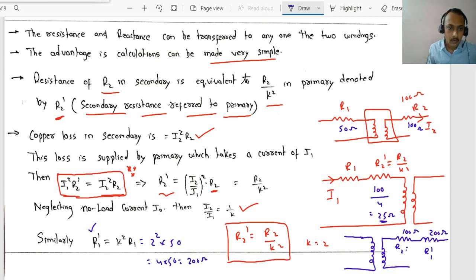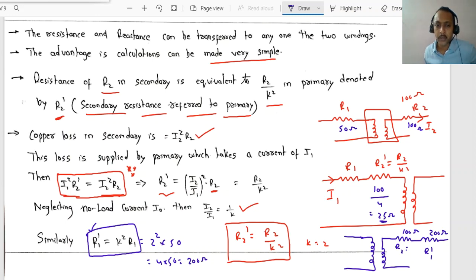So R1 dash equal to K square times R1. If you are having difficulty understanding, just take some numericals, then you will get a very clear idea. This is some 50 ohms, 100 ohms. Before transferring, I want to transfer R2 to primary. It is simply R2 divided by K square.